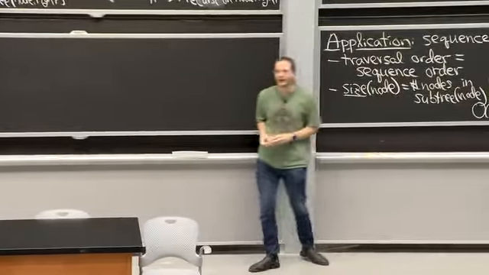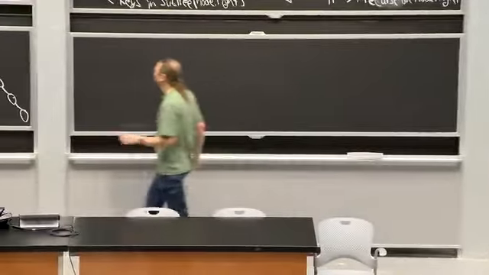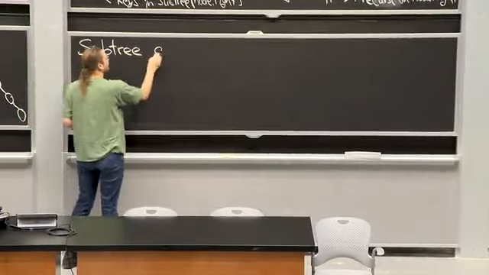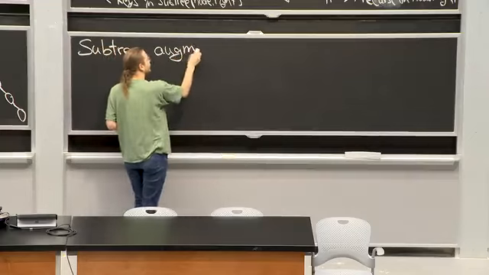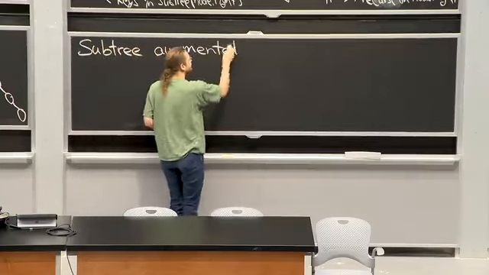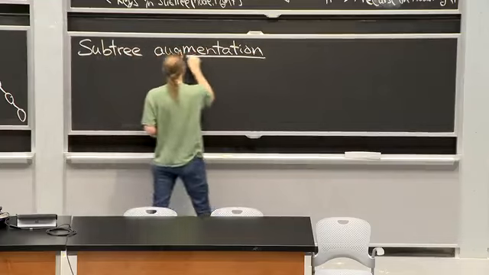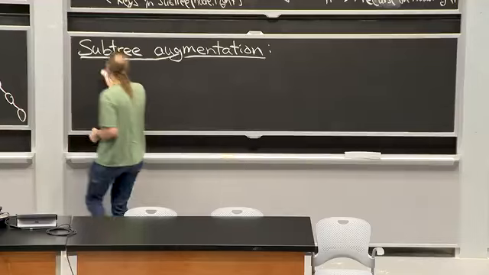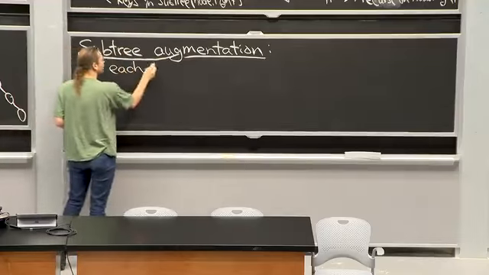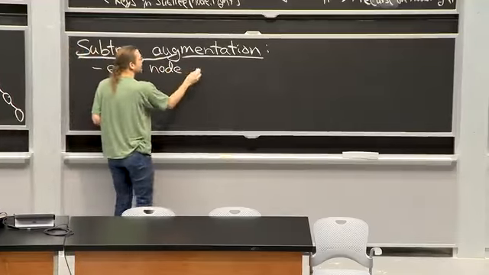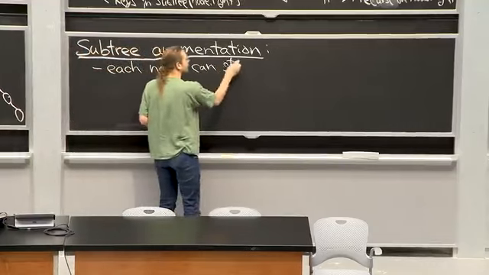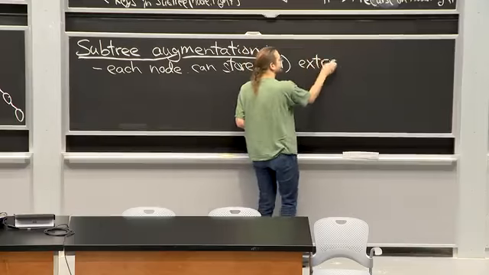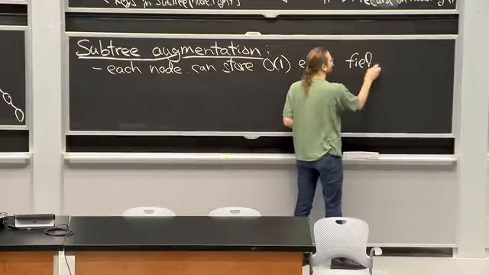It's really quite awesome. But for it to work, we need something called subtree augmentation, which I'll talk about generally, and then we'll apply it to size. The idea with subtree augmentation is that each node in our binary tree can store a constant number of extra fields. Why not?